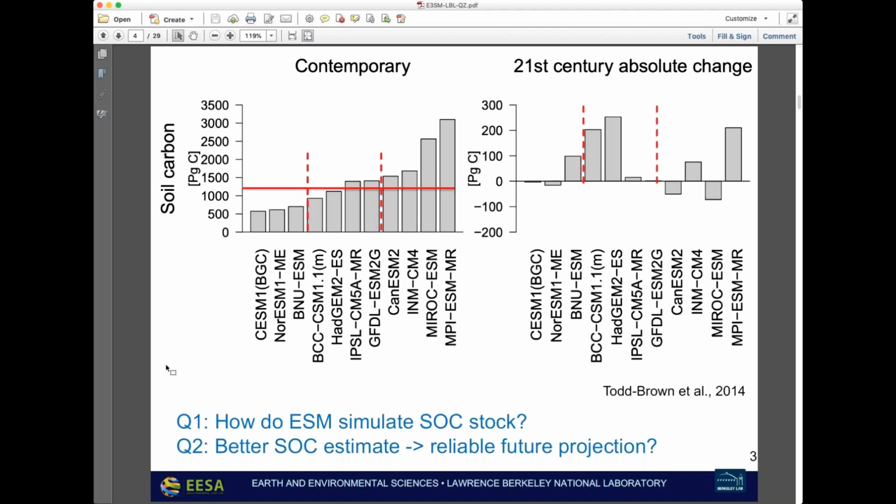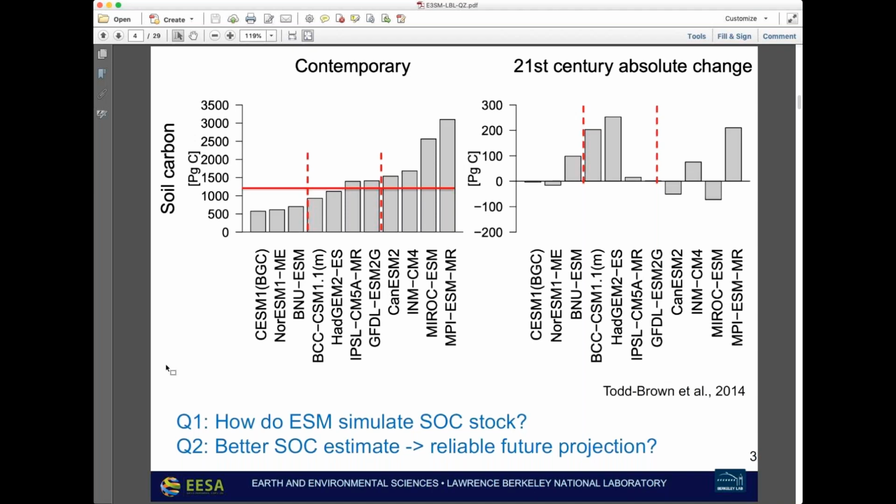So it tells us Earth system models really give us very diverse predictions or simulated amounts of soil carbon down to 1 meter across different models. They give us totally different numbers, from 500 petagram to almost 3,000 petagram, 6 times larger. And fortunately, we have a present-day benchmark.